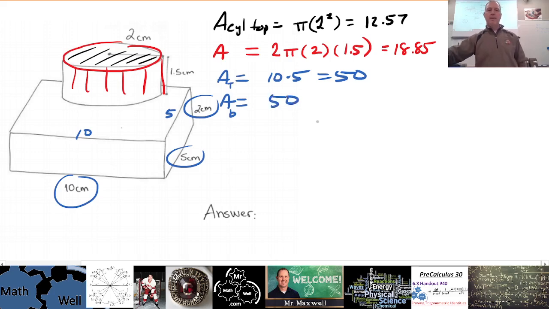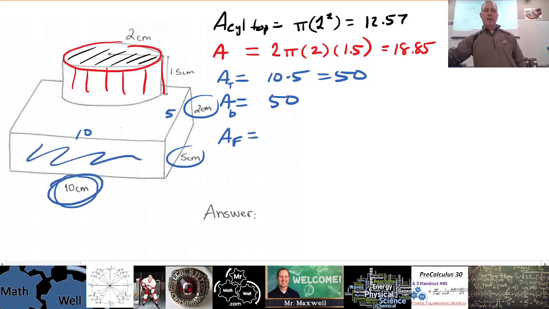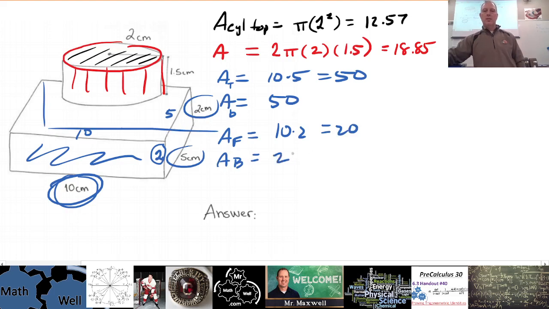Yeah. All right. So let's do the area of the front side here. That's this one right here. That's going to be 10 by, the height is 2. So 10 times 2, which is 20. Now the area of the back side over here is going to be the same, 10 by 2, so that's going to be 20 as well.